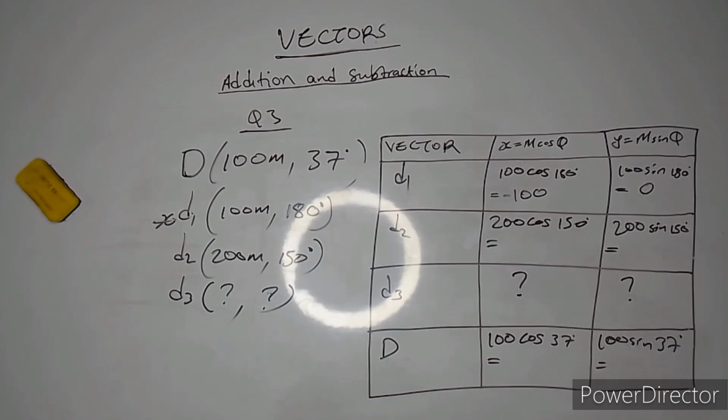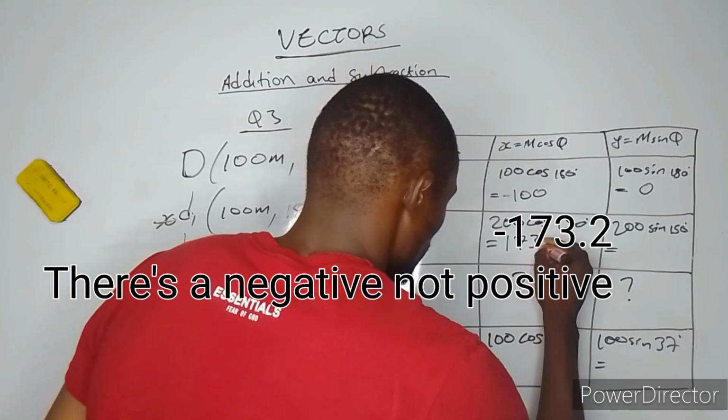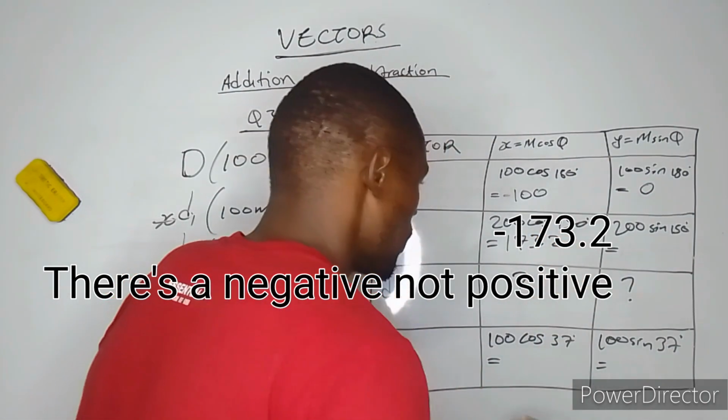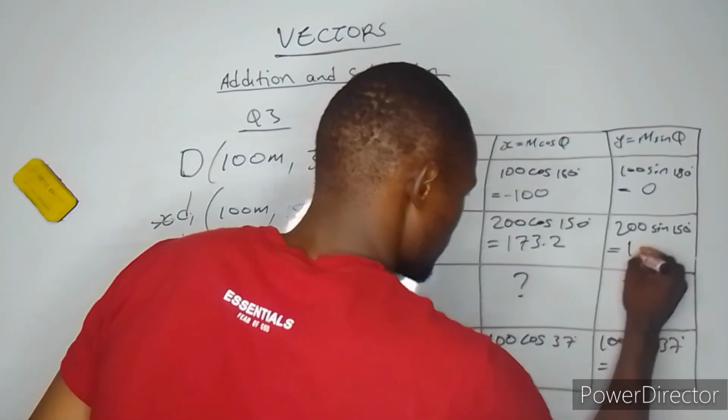Next, D2. I got negative 173.2, and on the other one, I got 100.